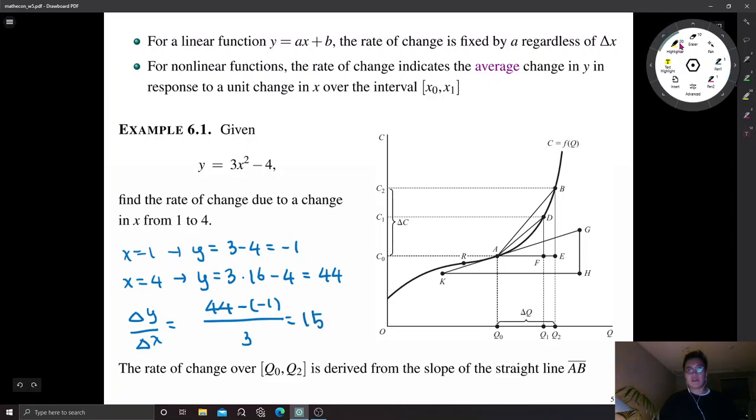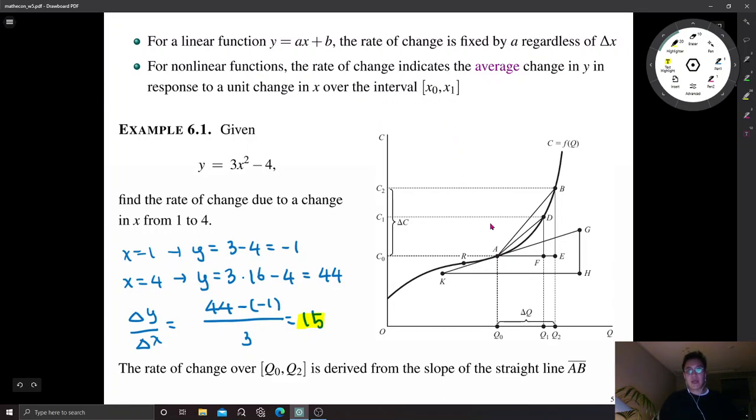And the interpretation of this number 15 is: when x changes from 1 to 4, so over this interval between 1 and 4, y changes by 15 units on average. So if x changes by 1 unit, then y correspondingly changes by 15 units on average. That is the interpretation of the rate of change. So if there is some discrete change in variable x.